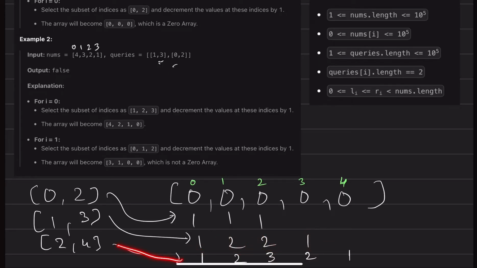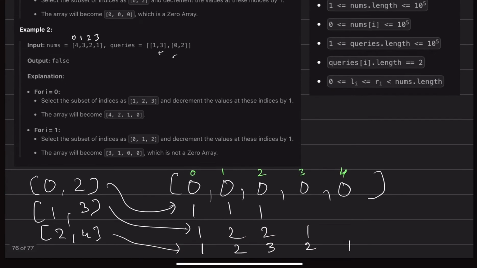And for 2 to 4, I can go to every place and increment the values by 1 for that also. Now if I generate this that way, it will have the same time complexity n into n, because for each query I am iterating n times, so that won't help. I need to generate this array in O of n.